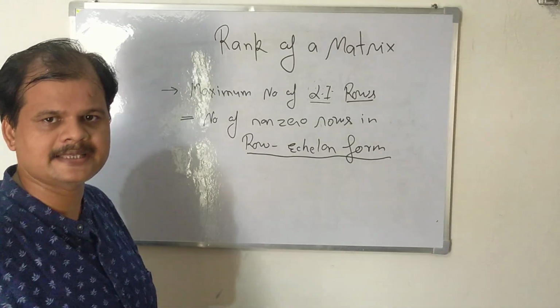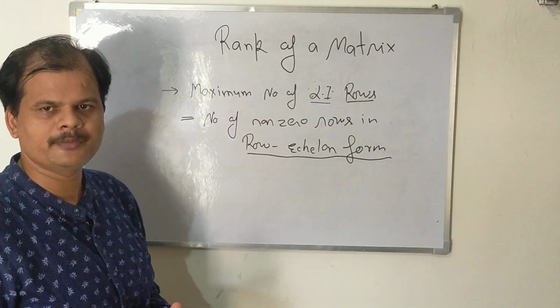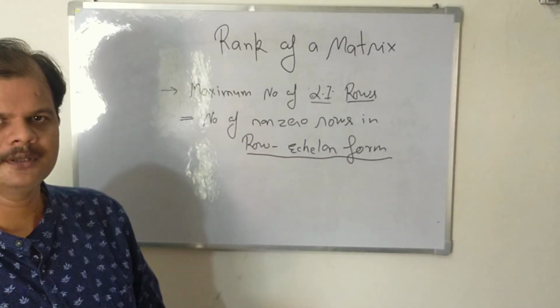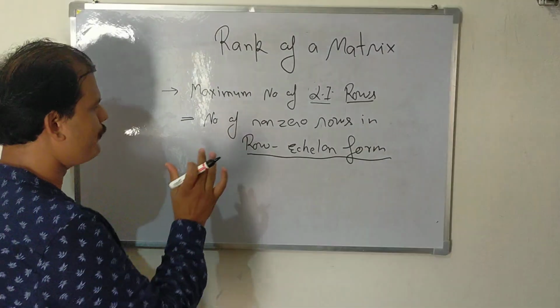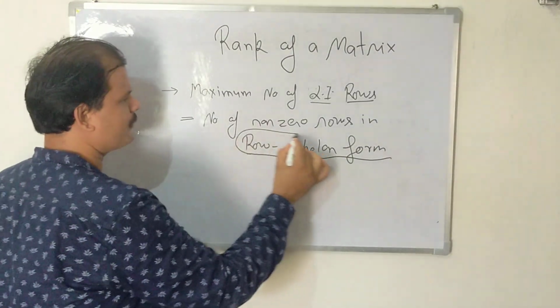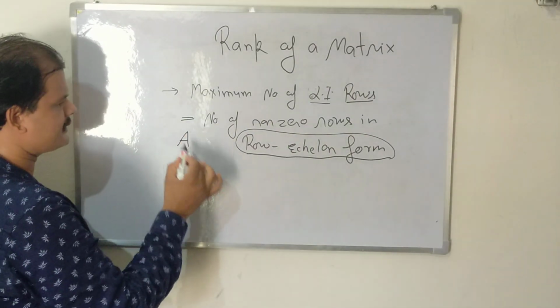So if your matrix is in the row echelon form, we can simply see how many non-zero rows we have, and that will be the rank of the matrix. So first we see what is the row echelon form, and suppose A is the given matrix.